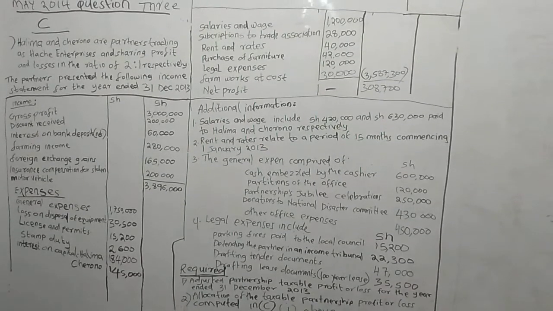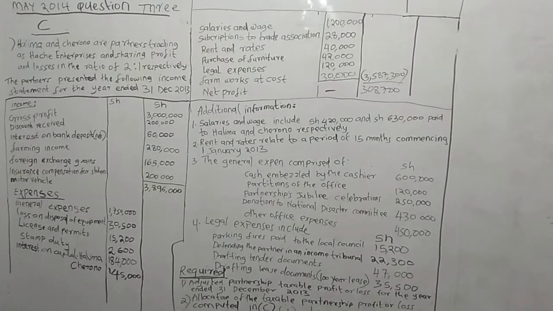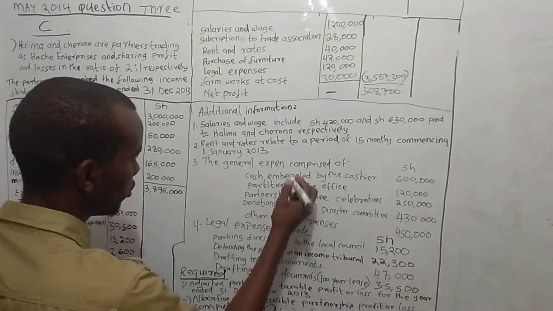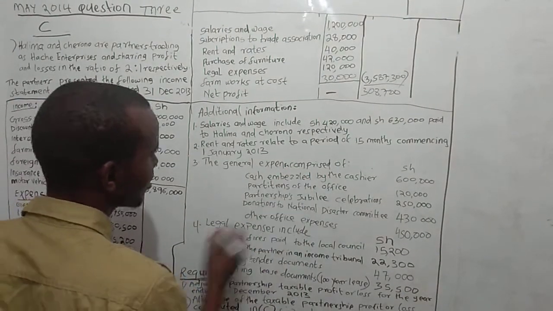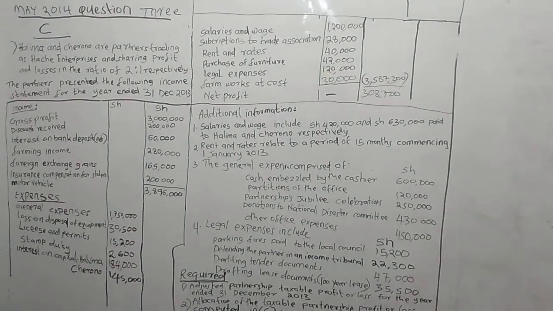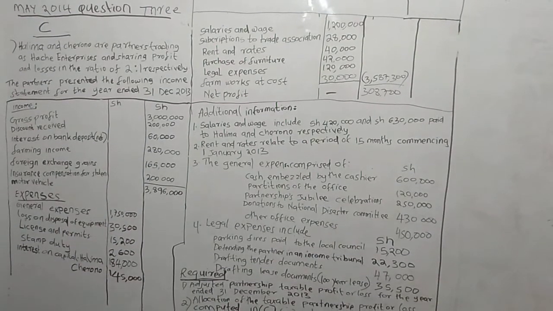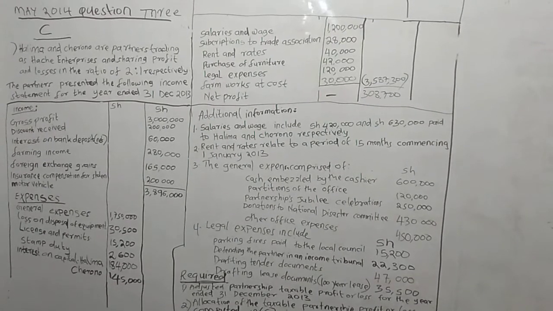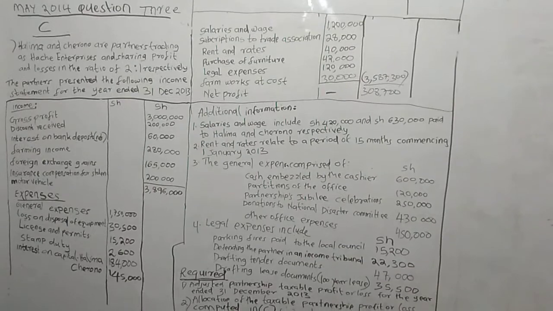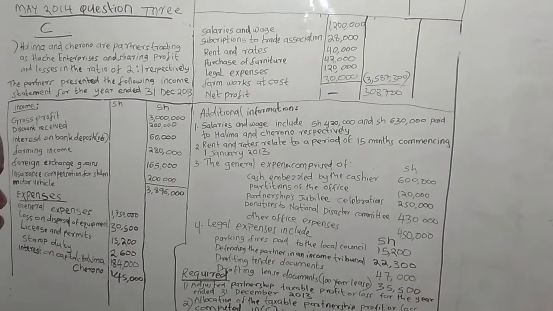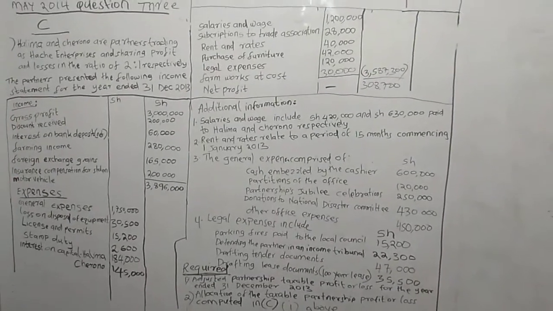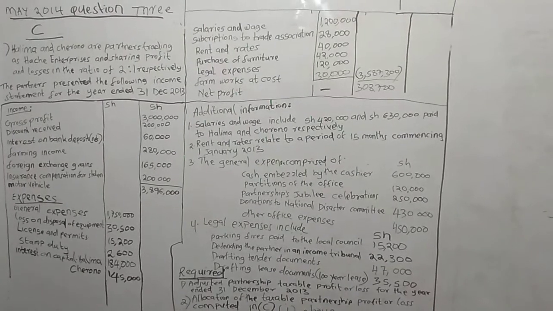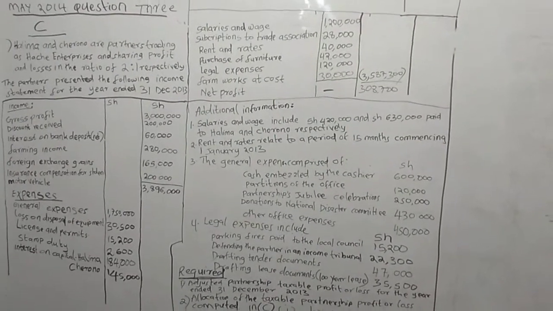Number 3, the general expenses comprised of cash embezzled by the cashier 600,000, partition of the office 120,000, partnership jubilee celebrations 250,000, donation to National Disaster Committee 430,000, other office expenses 450,000.